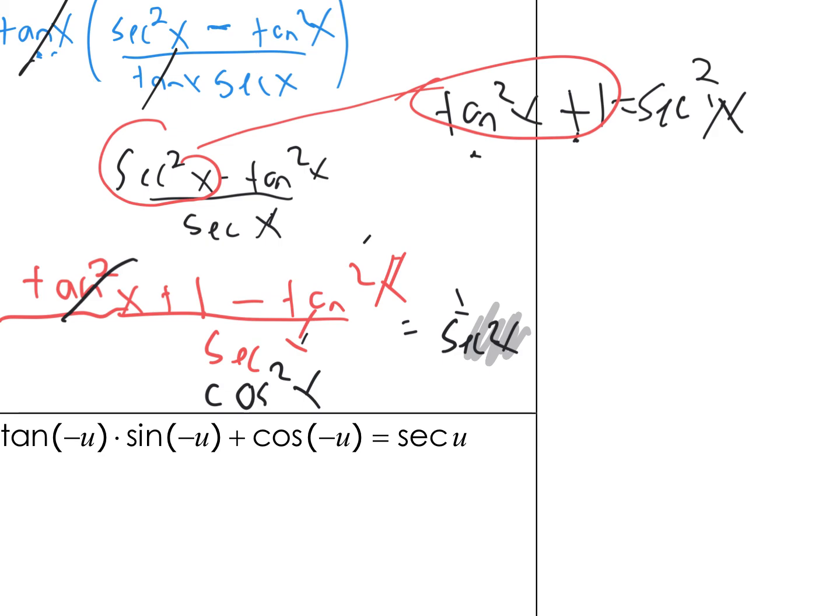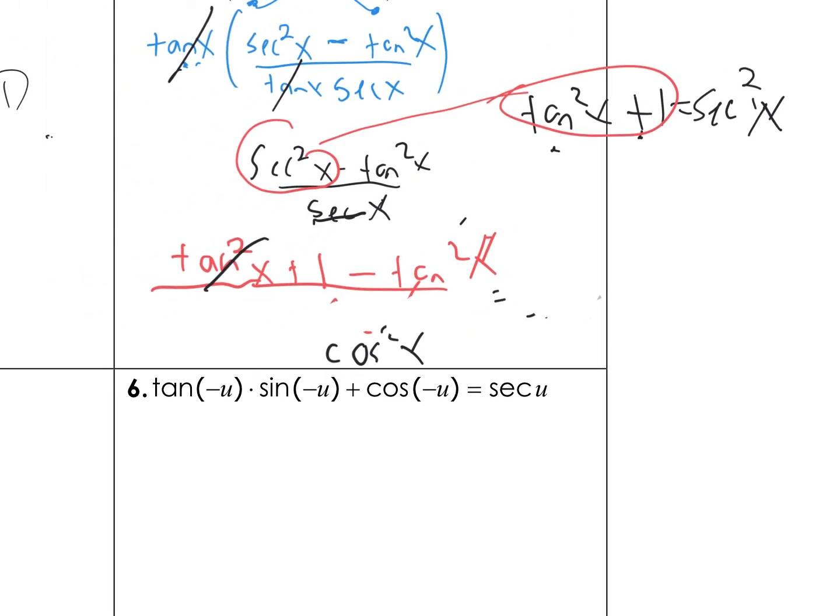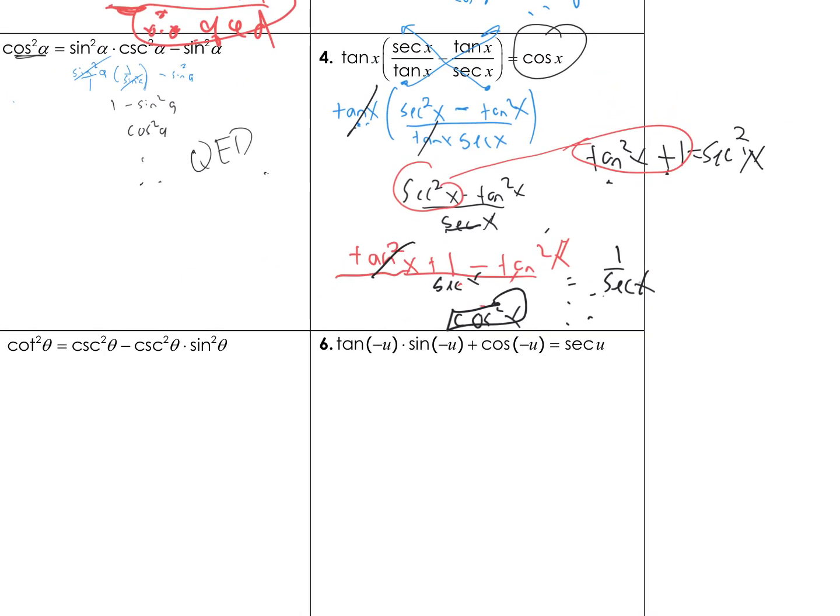Let me rewrite that better for you. The bottom was a secant of x. So that should have been a 1 over a secant of x, which is just a cosine. So we had it right.